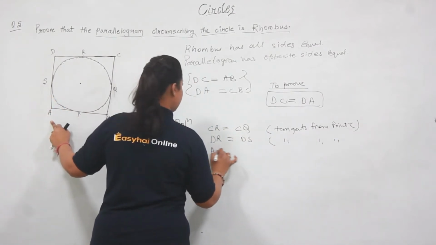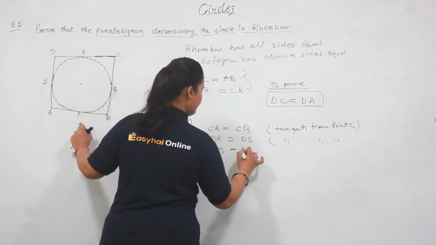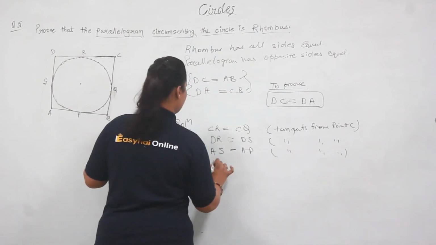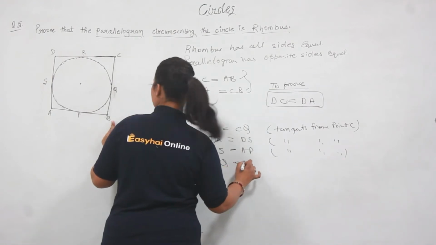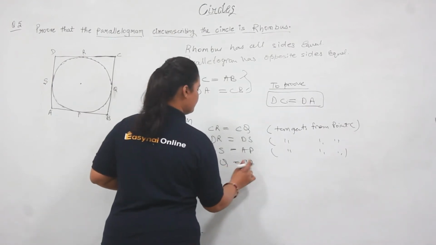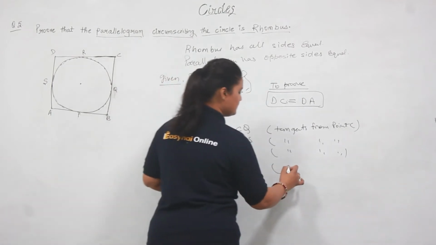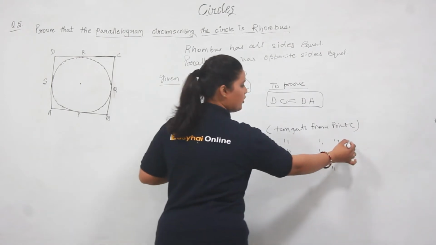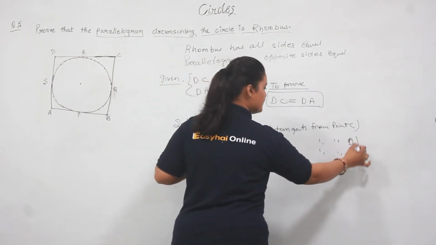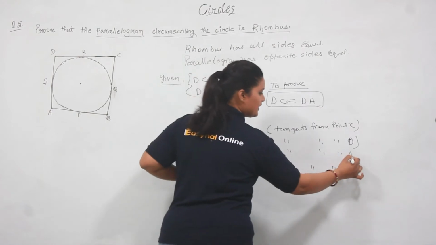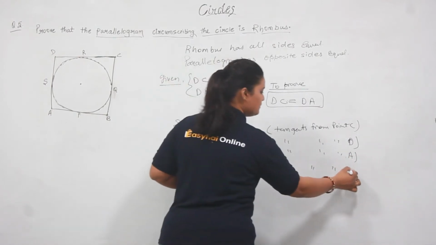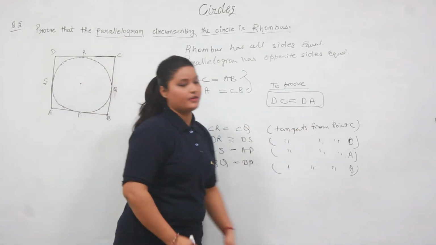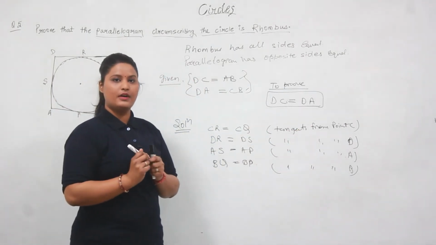Next, AS will be equal to AP, same reason. And last, BQ is equal to BP, right? I hope you understand. It is just by the theorem. This is by point D, this is from point A, this is from point B. Okay, these are the equal tangents from different points. Is it clear to everyone?